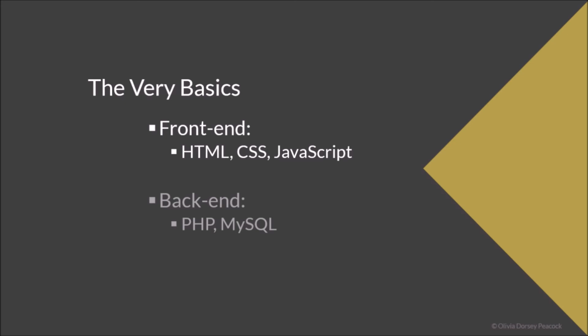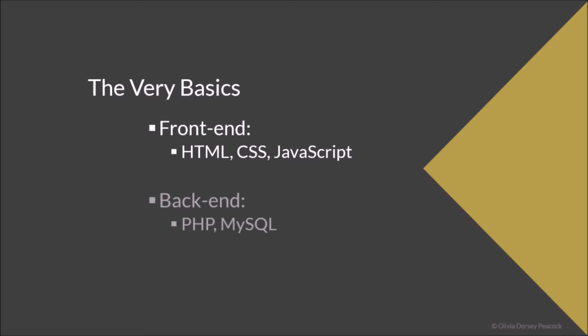So for the front end, programming languages that you would be interested in would be HTML, CSS, and JavaScript. HTML stands for Hypertext Markup Language, and it basically helps you create the structure of your website and present that content.